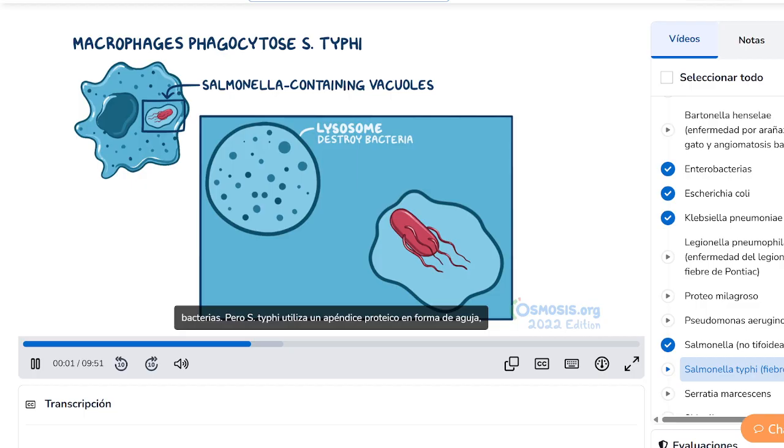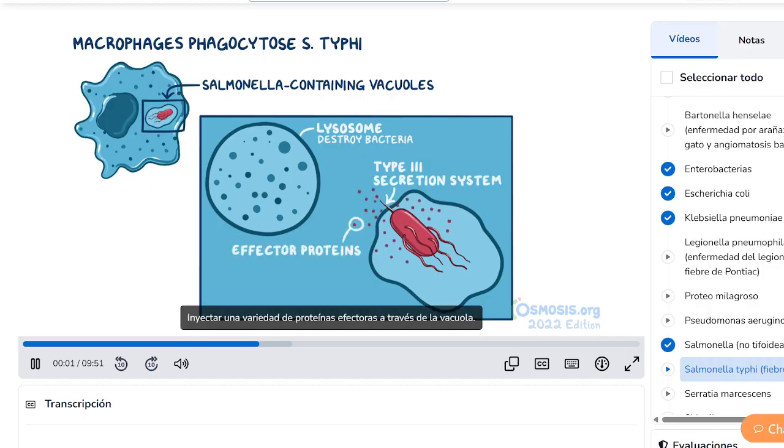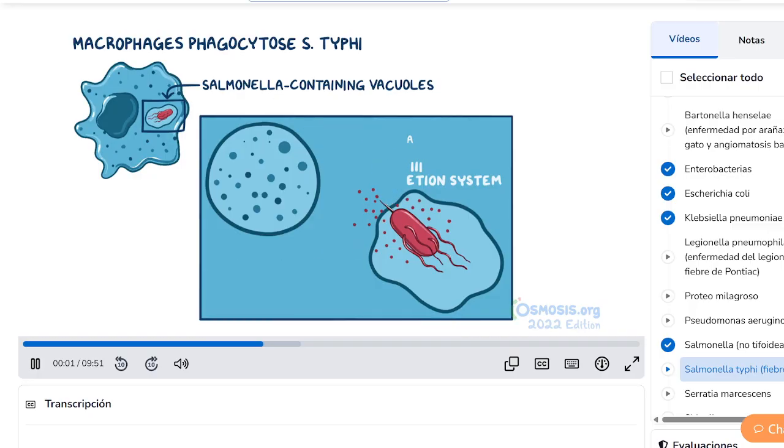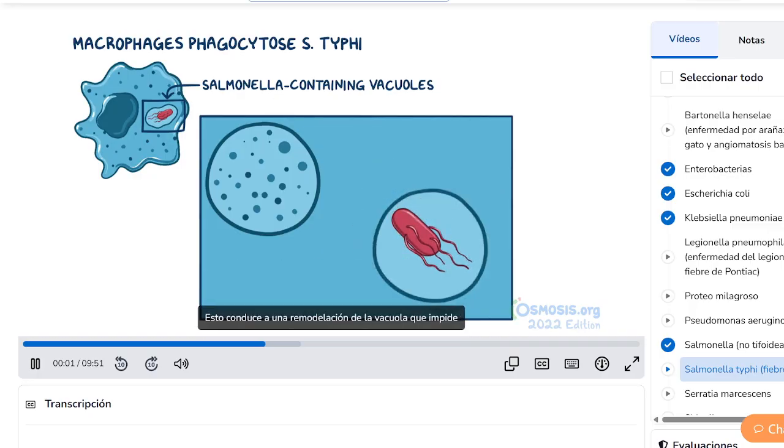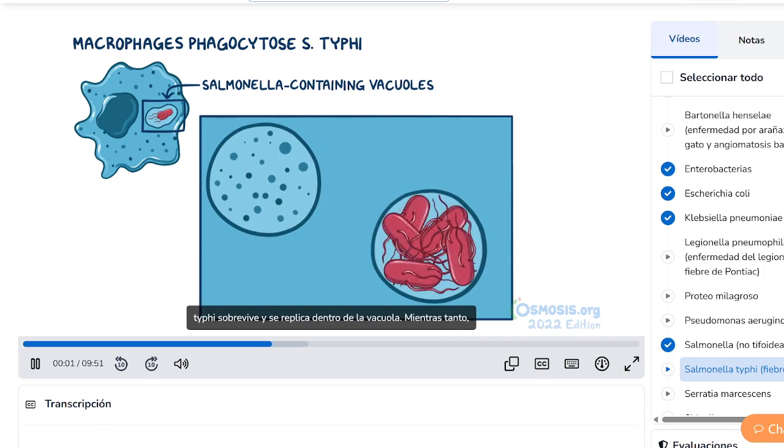But S. typhi uses a needle-like protein appendage, called a type 3 secretion system, to inject a variety of effector proteins across the vacuole membrane and into the host cell's cytoplasm. This leads to a remodeling of the vacuole that prevents fusion with the lysosome, so S. typhi survives and replicates within the vacuole.